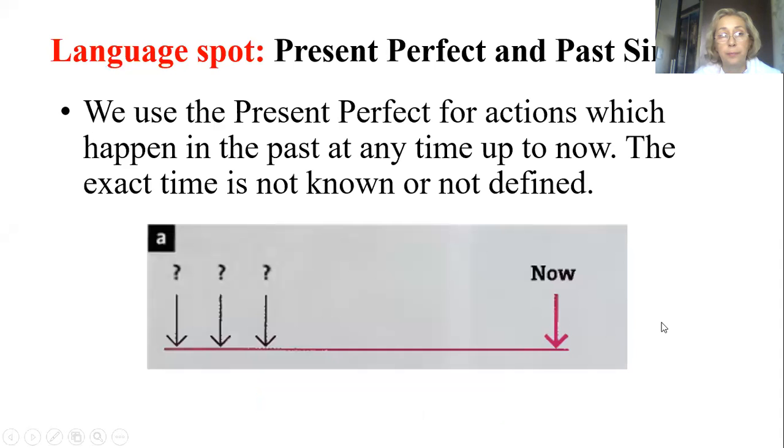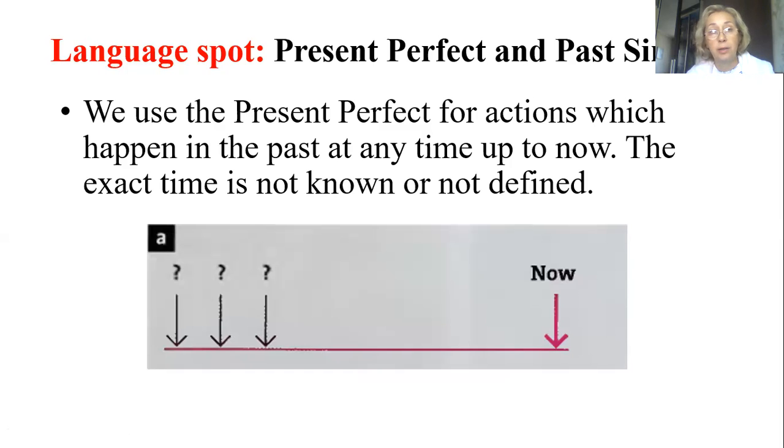If we move on, here there is information about the two tenses. This is the language spot and the information about grammar. You remember that last time we were speaking about the present tenses, comparing them and refreshing what we remember, with some theoretical and practical tasks.